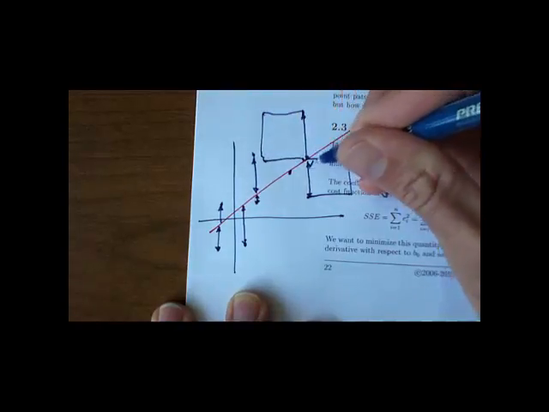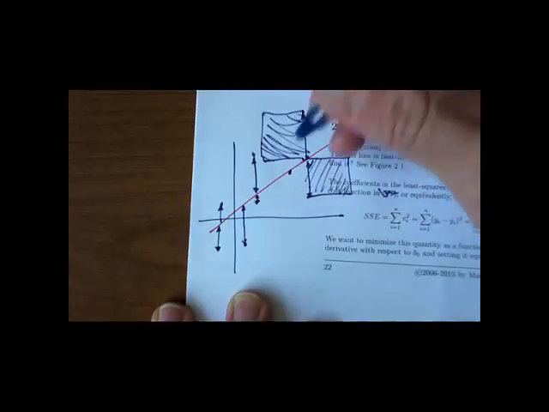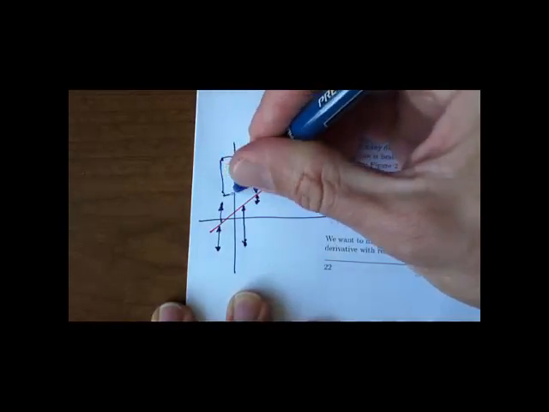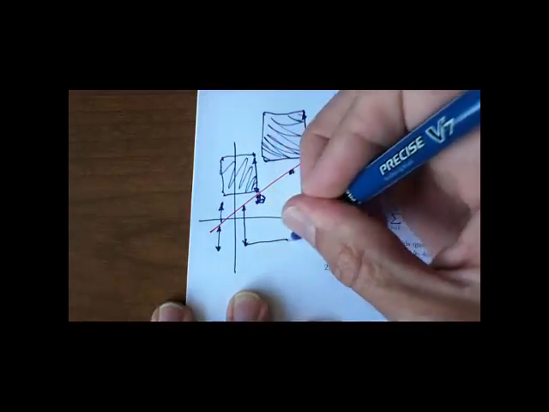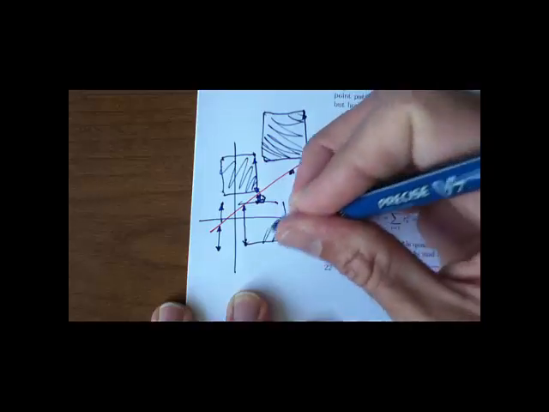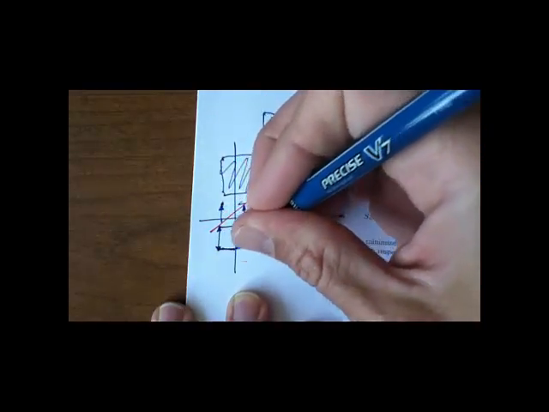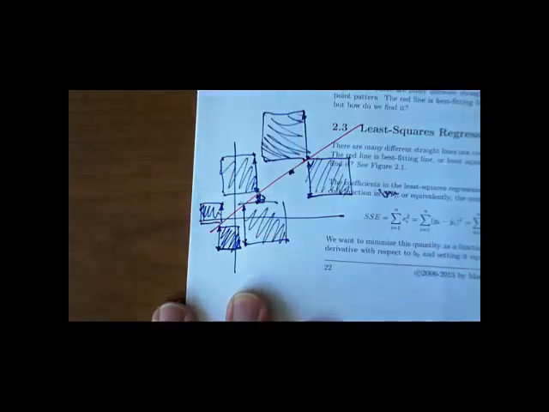When you square these errors, you're actually just finding the areas of these squares. And so that's exactly what you do. You want to find the line that minimizes this sum of squared errors. Squared errors are the areas of these squares.